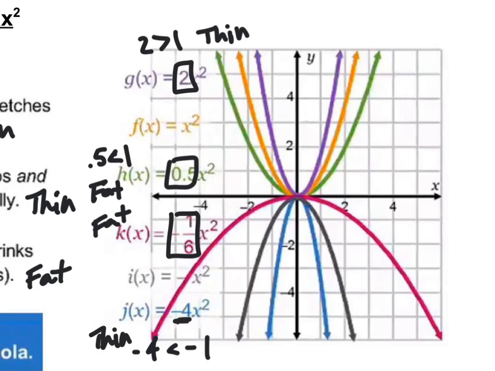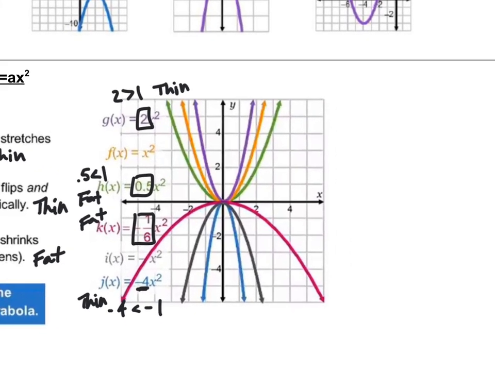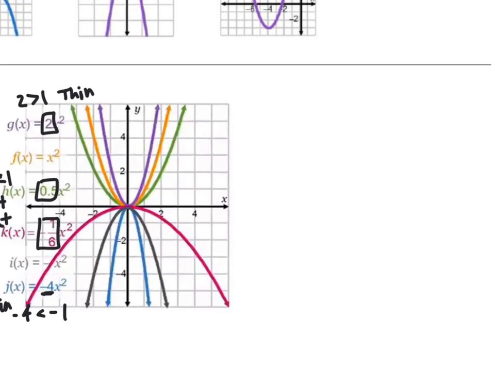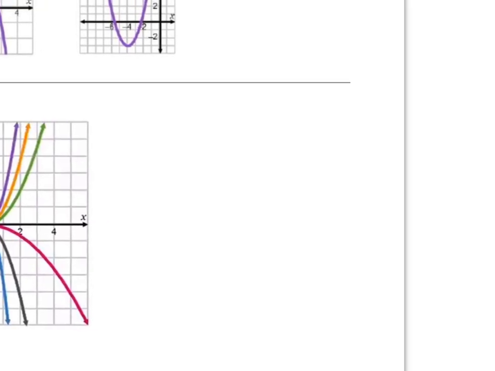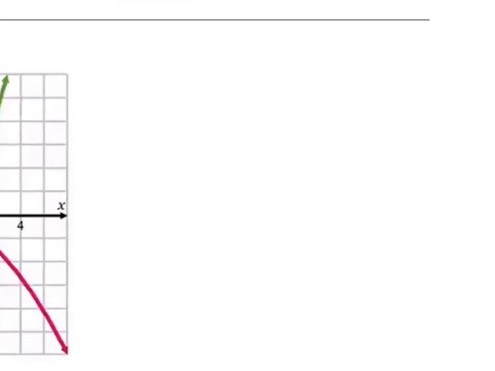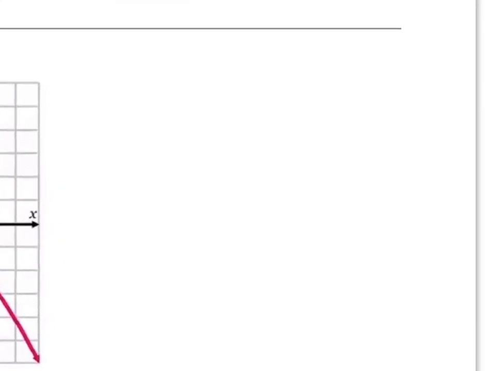Okay, so I have a saying here, and it's something to help me remember how to do these, because I would always get confused on what would happen. The way I think about it is I think about a person, and whether a person is fat or thin.